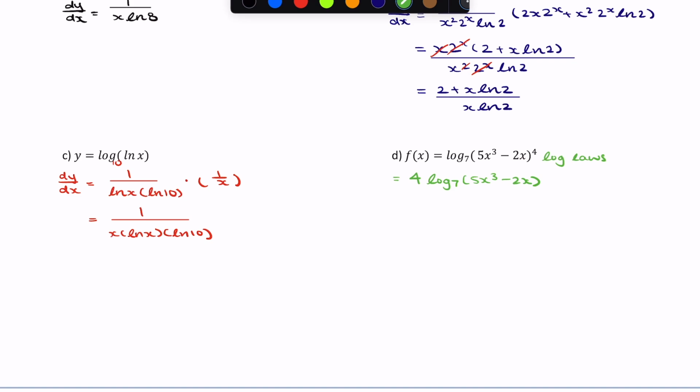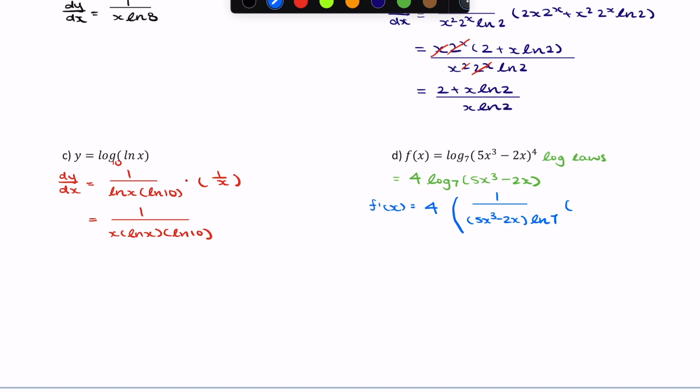So here we have f prime of x is equal to 4. So 4 is on the outside. And here we'll find the derivative of log base 7, 5x cubed minus 2x. So first we have 1 over 5x cubed minus 2x, and here ln 7, and then the derivative of the inside.